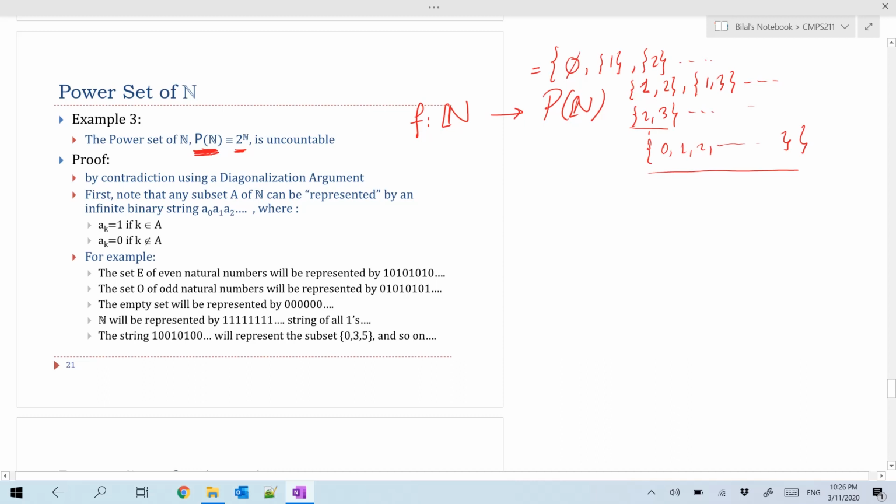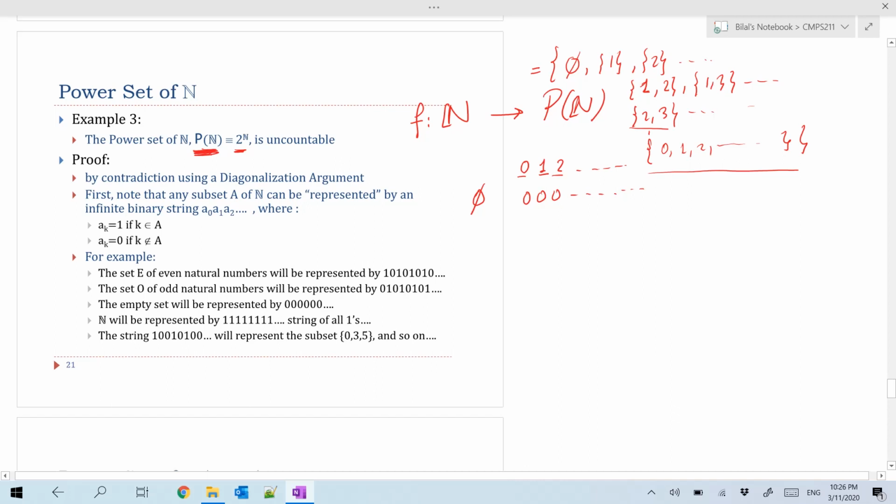As for example, the empty set, we can denote it by the sequence 0, 0, 0, and so on and so forth, as if it was false, false, false, false, to say that the integer 0 is not present in this subset, 1 is not an element of this subset, 2 is not an element of this subset, and so on and so forth. So just to talk about the total absence of all the elements of n, but of course we have an infinite sequence already here, okay?